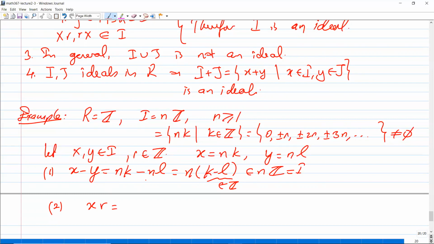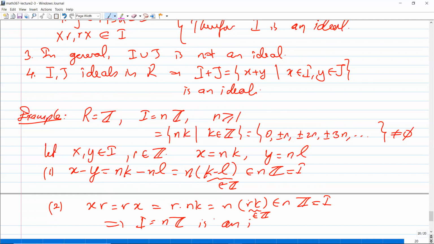Of course, it is r times x, since this is abelian, so both are equal. And r times x is n times (rk), where rk is an integer again, so this is in nZ. Therefore I equals nZ is an ideal of Z.